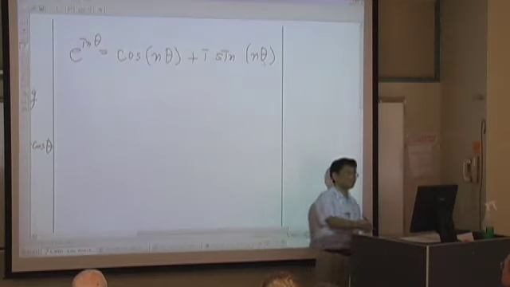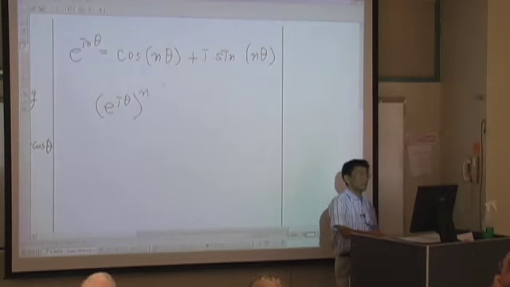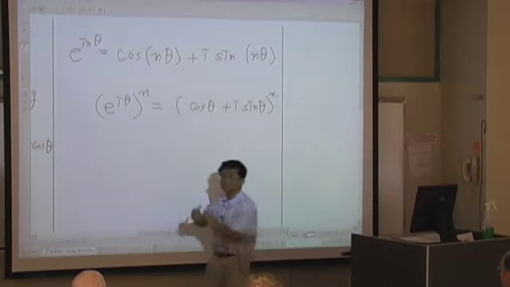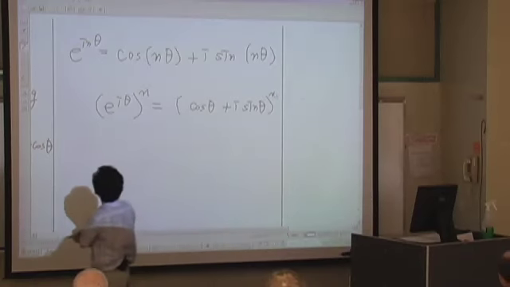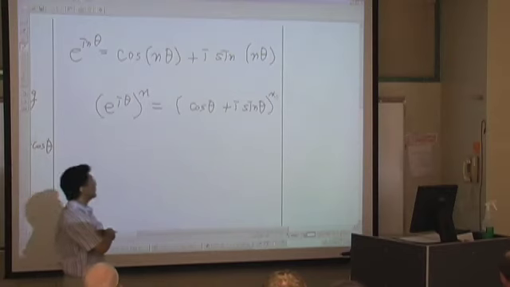Then take a look. E to the power of i theta, to the power of n, gives us cosine theta plus i sine theta, to the power of n. Do you follow me or not? So there are two different ways of calculating e to the power of i n theta, top way or bottom way.